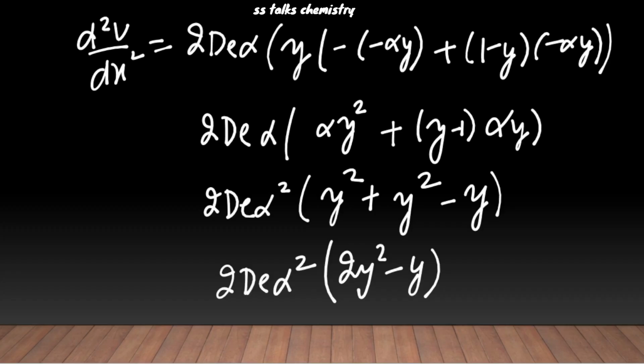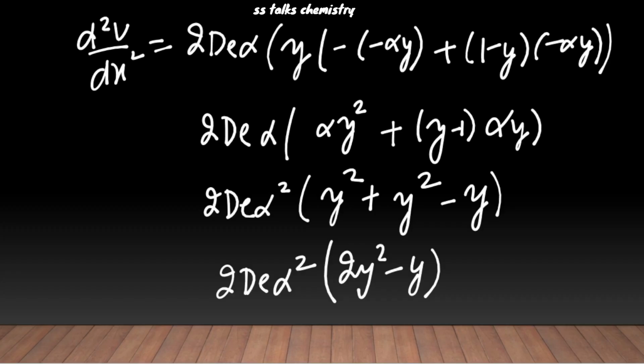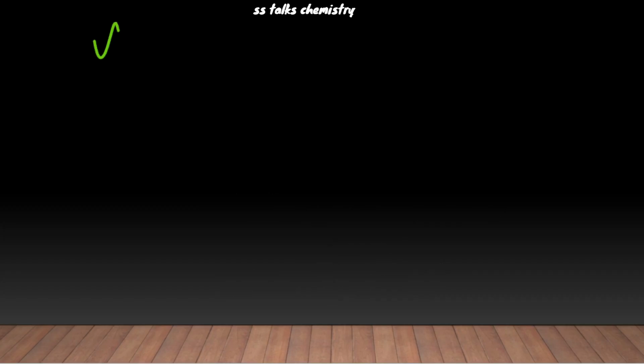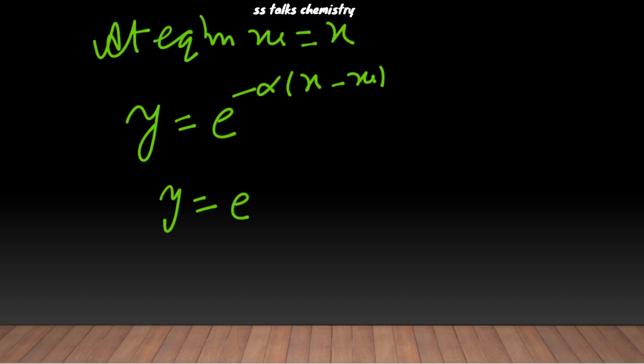Now the condition it was given that this is at equilibrium position. At equilibrium you have, at equilibrium xe is equal to the x only. So y that you assumed it, e raised to the power of minus of alpha x minus of the xe, x minus of the xe. So here y will become e raised to the power of minus of alpha times the 0.